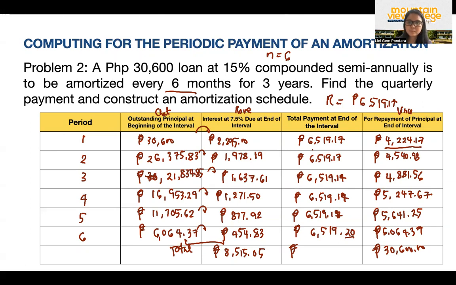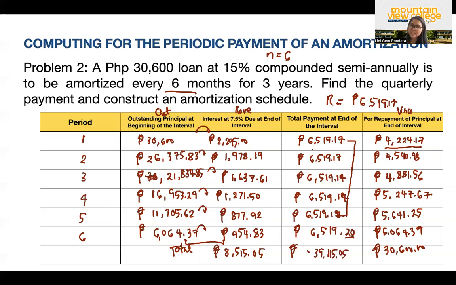Here, you only multiply this one by 5. Then you add the last. 39,115.05.